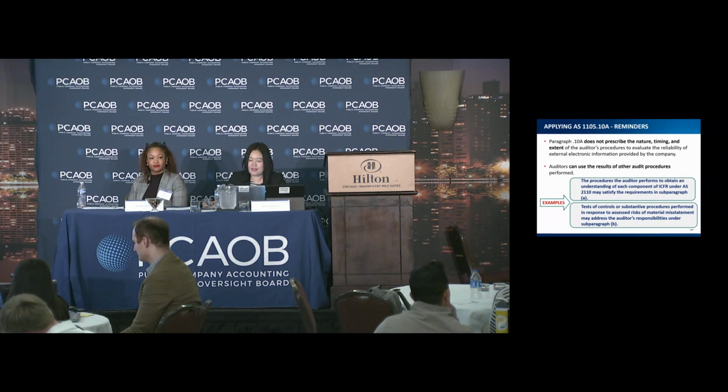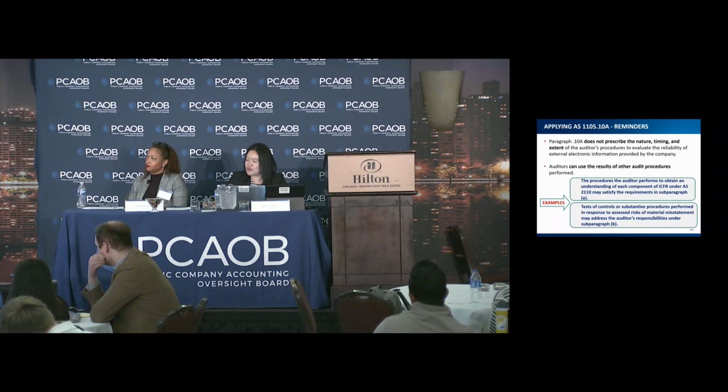What type of material misstatement is being addressed? For example, is the information being used as the evidence to address the higher assessed risk? How important is the information to the auditor's planned response? For example, is the information the only evidence the auditor obtains for the relevant assertion? So when thinking about the extent of procedures needed to evaluate the reliability, a combination of these factors would inform the auditor's approach.